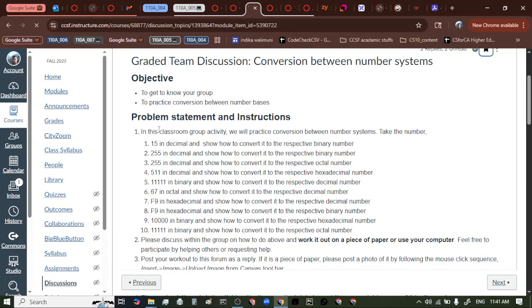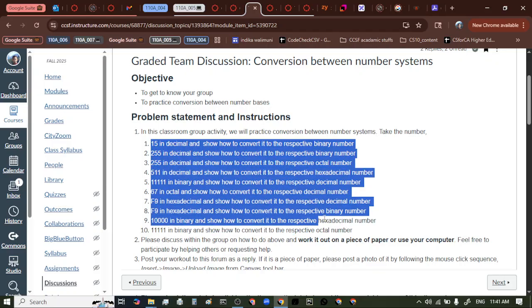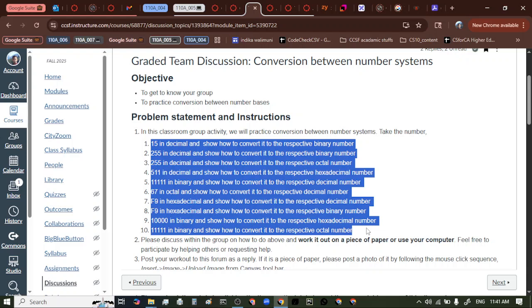These are the 10 questions, 10 conversions that you need to do and make a post. That's it. You can do it on paper and take a picture and submit, or you can use technology as well. Do we only have to pick one out of those, or do all? No, you have to do all of it.